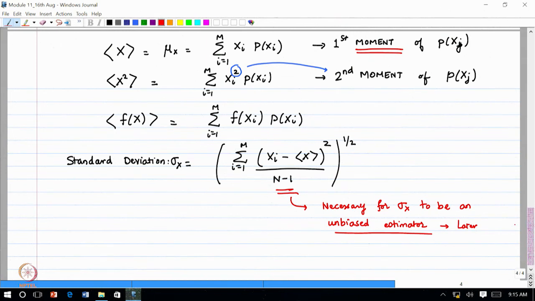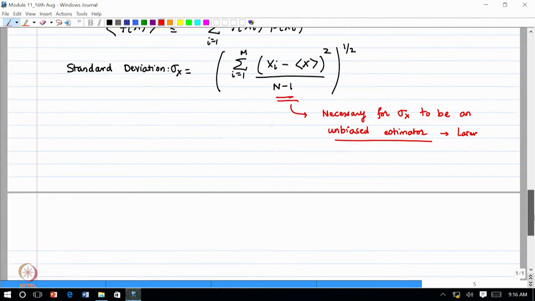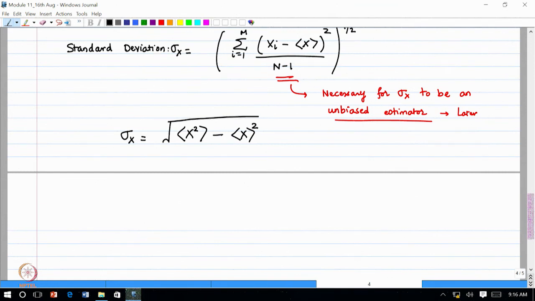But essentially you can just take this formula, and what you can show after some work is that you can write sigma x as the average value of x square minus the average value of x, the whole square, under root. So, this is sigma of x.